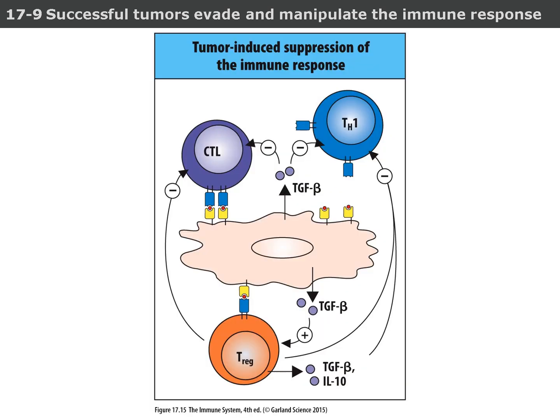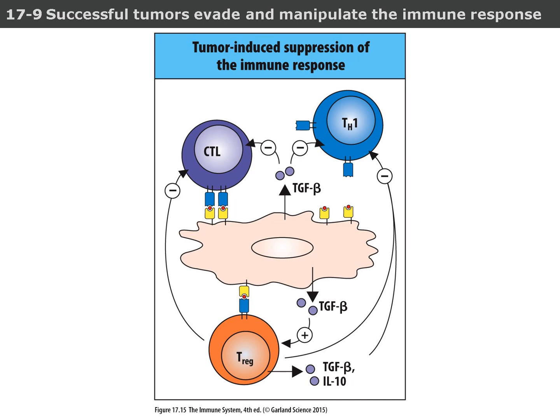This figure illustrates how tumors suppress the immune response to avoid elimination. Tumor cells secrete immunosuppressive cytokines such as TGF-beta, which inhibits the activity of cytotoxic T lymphocytes and T helper 1 cells. At the same time, TGF-beta promotes the activation and expansion of regulatory T cells, which further secrete TGF-beta and interleukin-10 to dampen immune responses.